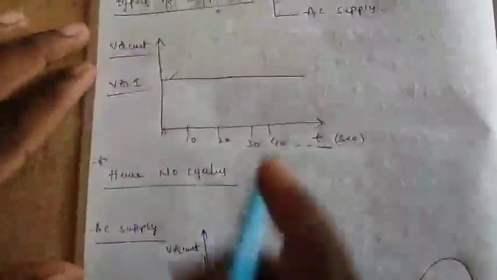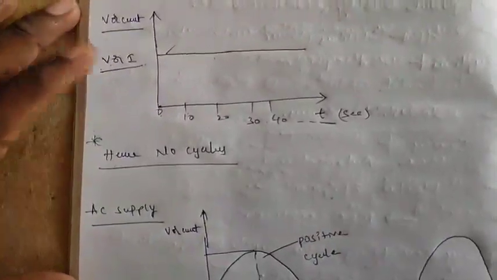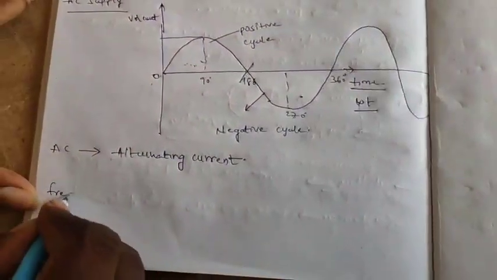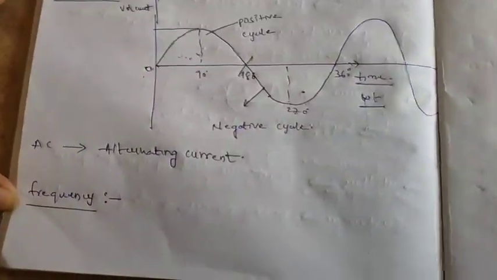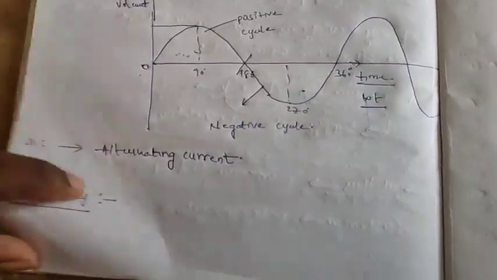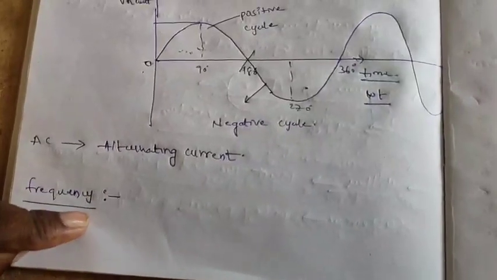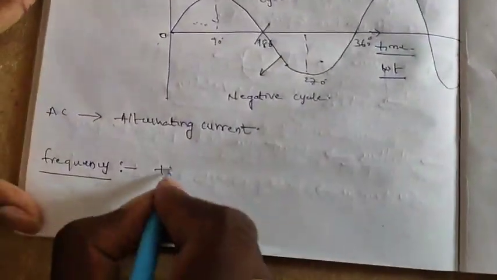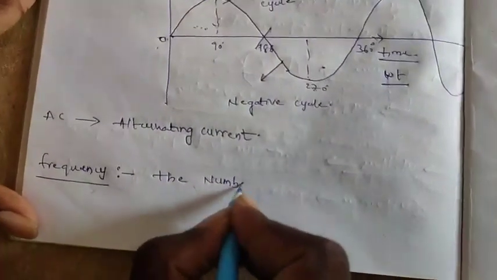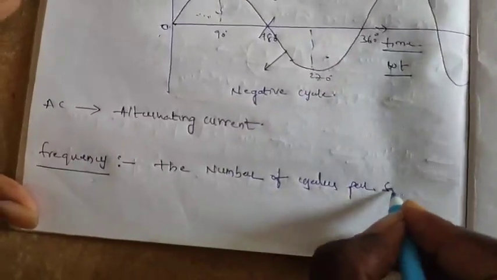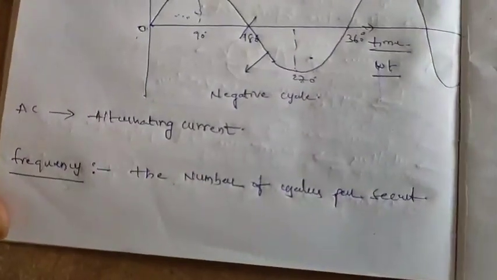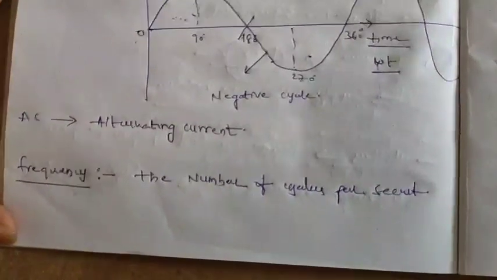In DC supply, can we observe any cycles? No. Here, one important thing is frequency. Frequency is defined as the number of cycles per second, that means how many cycles are completed during a second.